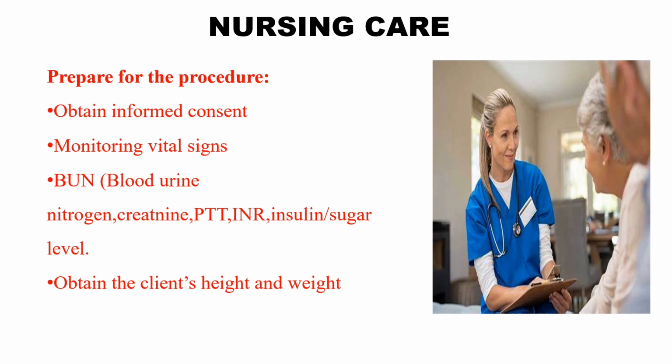And blood tests must be done, including blood urea nitrogen, creatinine, PTT, INR, insulin and sugar levels. And finally, obtain the client's height and weight, which will help to determine dye administration.